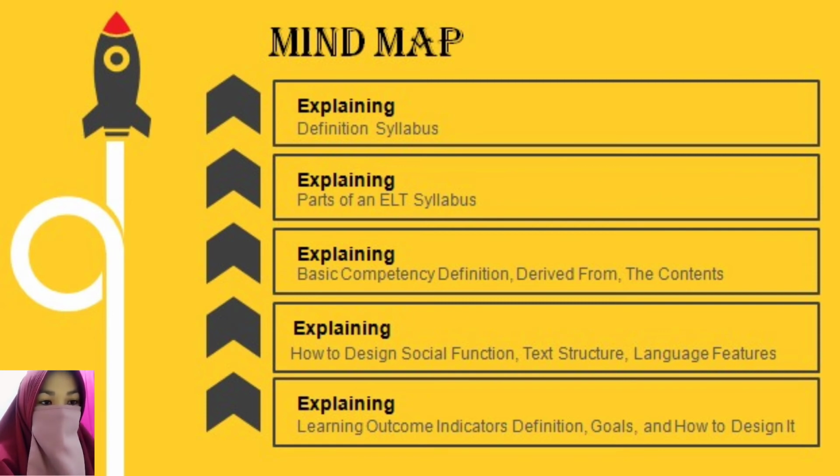Third, we're explaining the basic competency definition, derived from, and the content. Fourth, we're explaining how to design social function, text structure, and language features. Fifth, we're explaining the learning outcome indicators definition, goals, and how to design it.